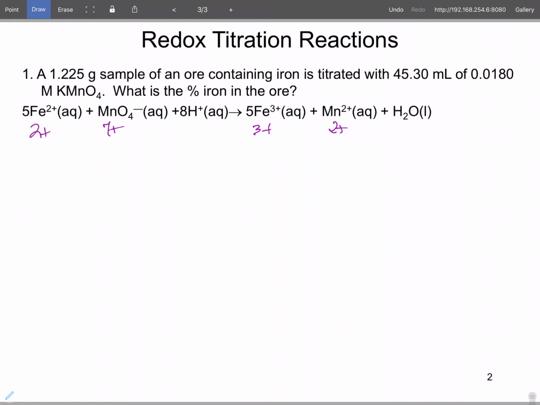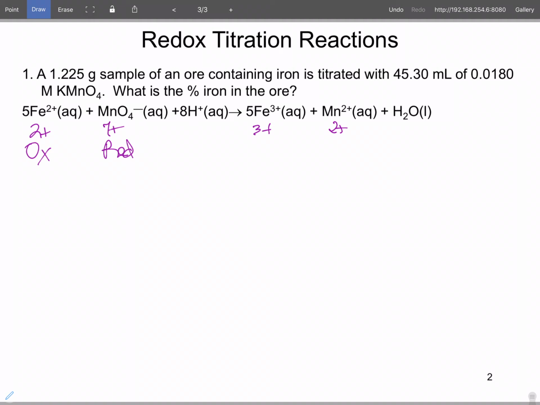So if we look at it, iron is oxidized and manganese is reduced. But when you actually go to work it, it's just a simple stoichiometry problem.